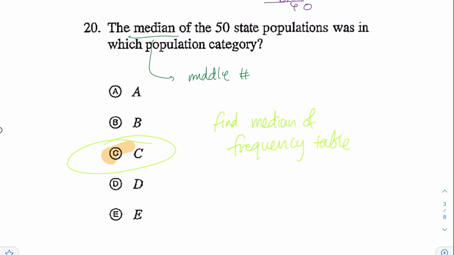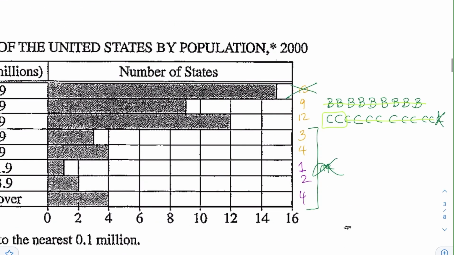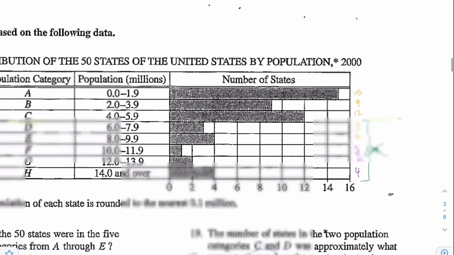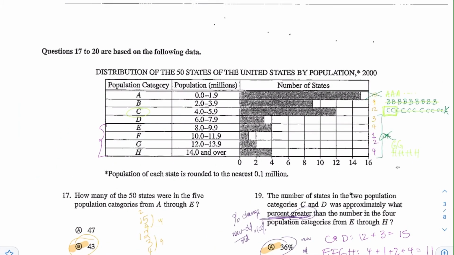And when you find the median of a frequency table, you essentially have to write the letters out multiple times. So really this 15 represents 15 A's, and this 4 represents 4 H's. And then the G is 2 G's, and if you keep crossing out, eventually you see that the median has to be here in the C category.